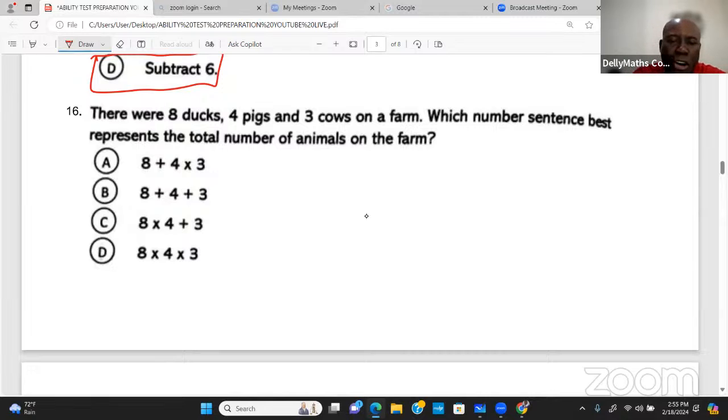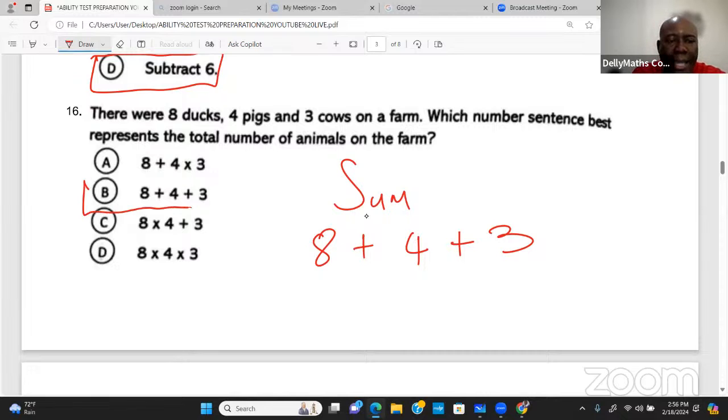You're talking about the total number, so you have to sum things up, which means you want to add the number of pigs plus the number of ducks plus the number of cows. It's just a sentence, so we don't want a total. We want to know the operation that we could use to give us that. So the answer would have been B. You're adding up everything there for question 16.